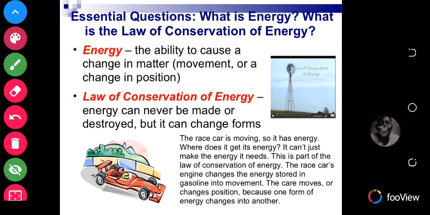The car on its own cannot move; it moves because of the energy of the fuel moving the body parts, and the body parts moving the whole car. So energy can never be made or destroyed, but it can be transformed from one form to another.